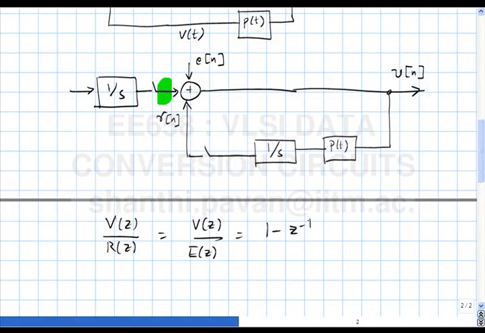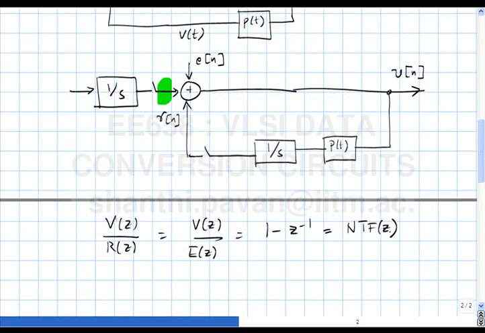Which is, let me again remind you that this is nothing but the NTF of the loop, correct? So, what is the great thing that we have done here? Is the analysis of this guy any easier or any more difficult than the earlier one?